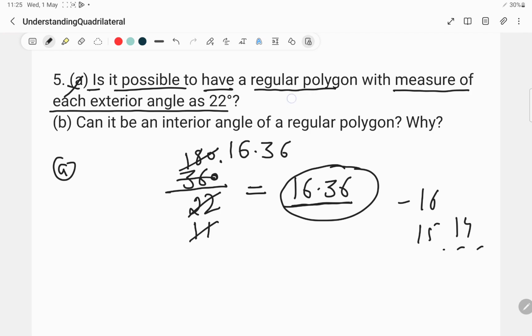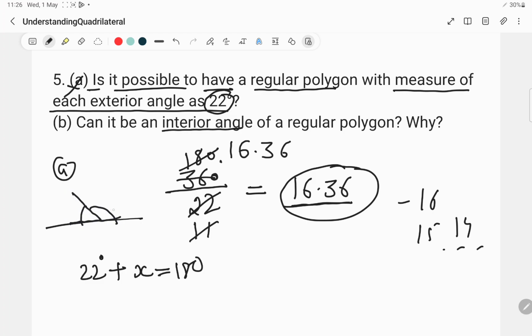So now the next question is, can it be if 22 degrees is the interior angle, then is it possible we can have a polygon? Now we can also calculate this. We have interior angle 22 degrees plus, same as previous question, 22 degrees plus x is equal to 180. How? Like this, and this is forming a linear pair, and sum of these two will be 180.